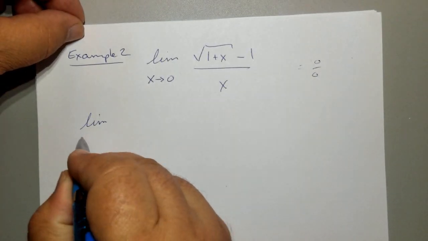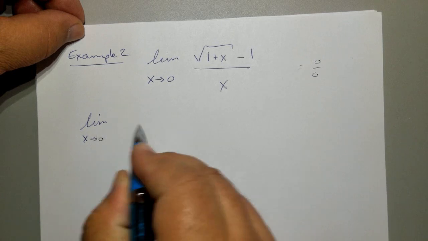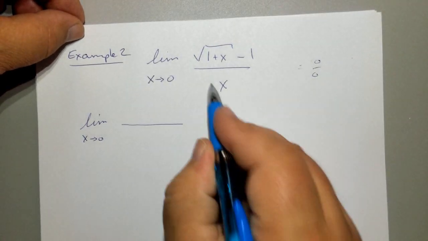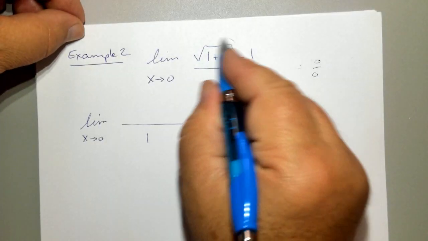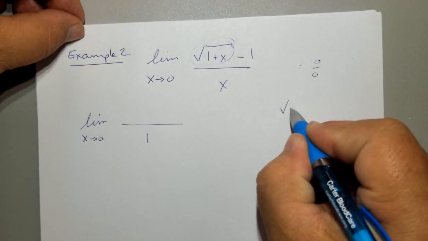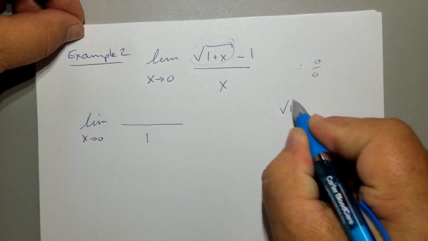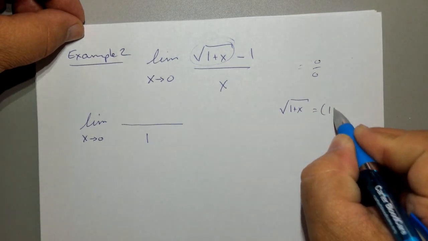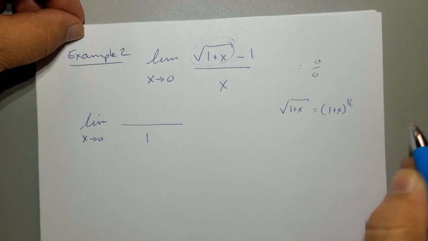So let's take the derivative of the top as x approaches 0. The easy derivative of the bottom is going to be 1. The derivative of square root of 1 plus x, which is 1 plus x to the power 1/2.